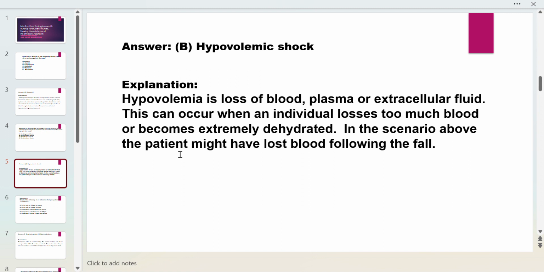That can cause hypovolemia, as well as if the individual has lost too much fluid through sweat, or if they become too dehydrated, that means they have a potential of getting a hypovolemic shock. So in this case, our service user, our lovely person who had a fall, could have hypovolemic shock. So that is right. You can give any explanation in the comment section below, if you want.